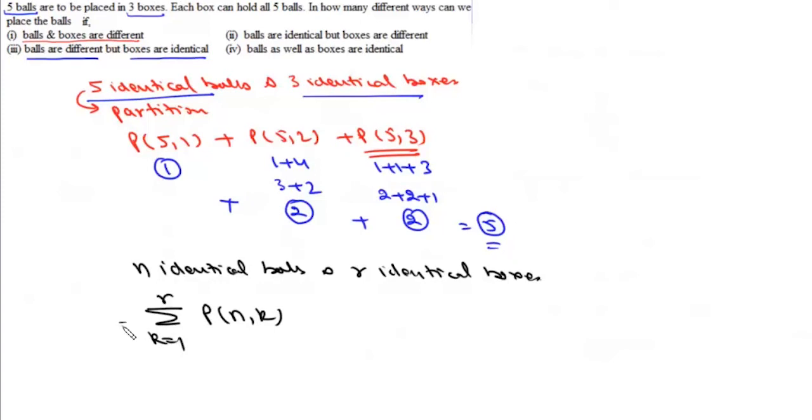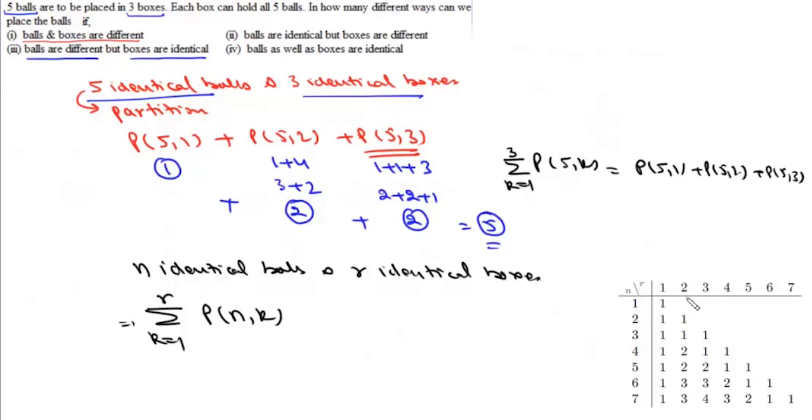Now for our problem, this is the summation k varies from 1 to 3 of P(5,k), which is P(5,1) plus P(5,2) plus P(5,3). Now we can use either this partition table: P(5,1) is 1, P(5,2) is 2, and P(5,3) is 2. So it'll be 1 plus 2 plus 2, which again is 5, or we can use the recurrence relation for the partition function, which we have discussed in the previous video. So this is how we distribute balls into boxes if boxes are allowed to be empty.